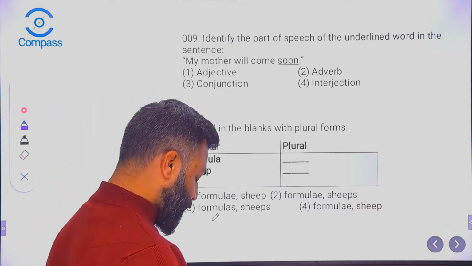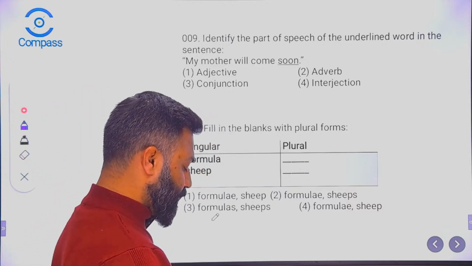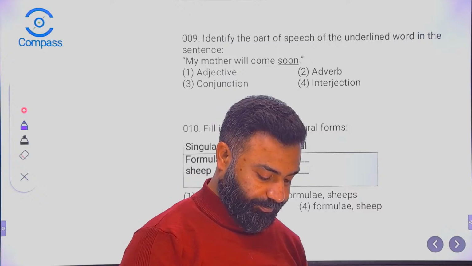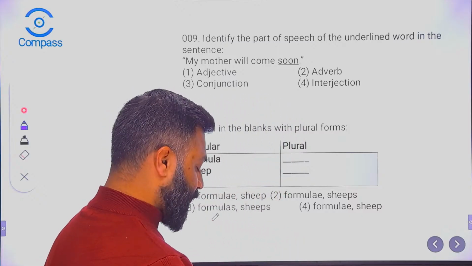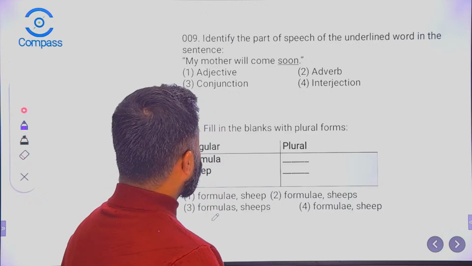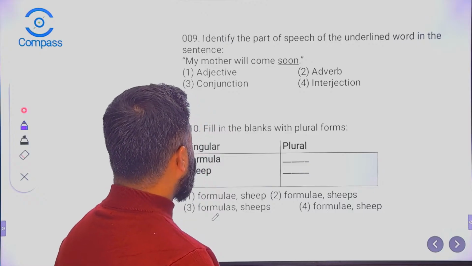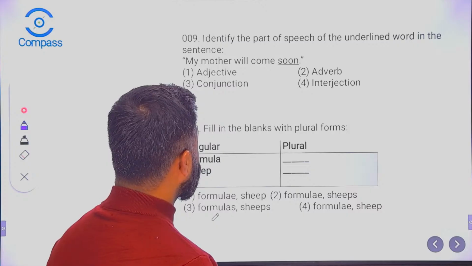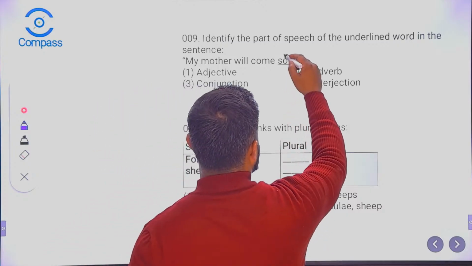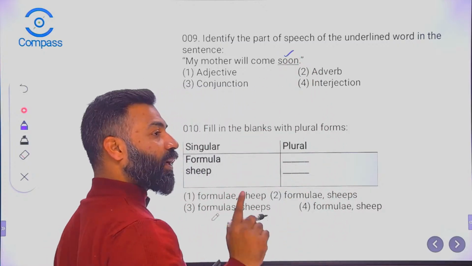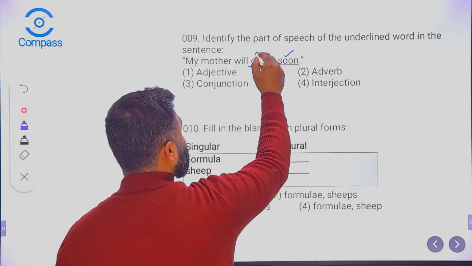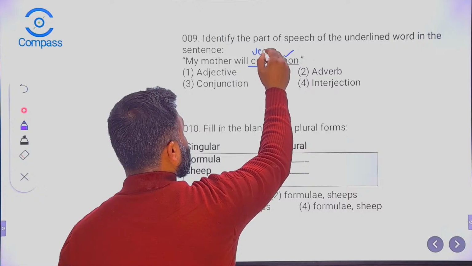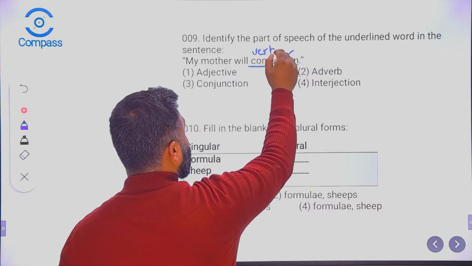Identify the part of speech. Yes. Children, are you ready? Identify the part of speech of the underlined word in the sentence. So, my mother will come soon. Okay, so we need to find out what this is. But don't forget that here the verb is come.